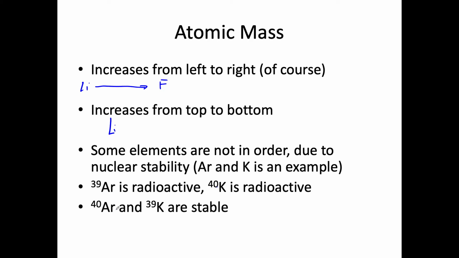So argon is first and has fewer protons than potassium, but its average atomic mass is actually a little bit heavier. So there are those little idiosyncrasies. But honestly, folks, this is what we're using the periodic table for. If we know what the elements are, we can tell which one's heavier, which one's not.